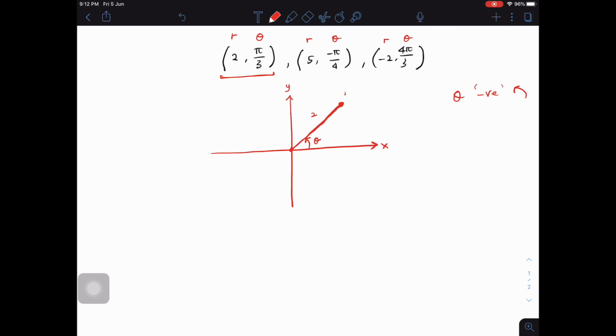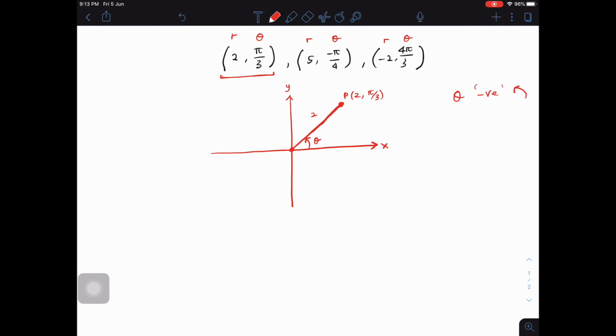So let's say this is point P, (2, pi over 3), with the length of the line connecting the pole and point P equal to 2, and the angle is 60 degrees.